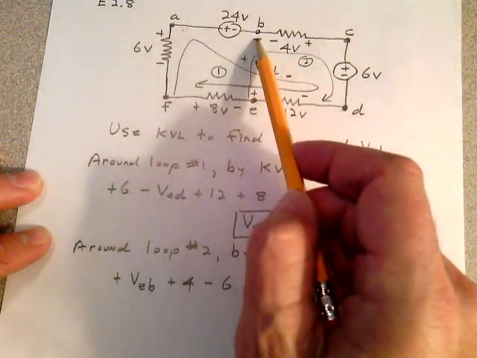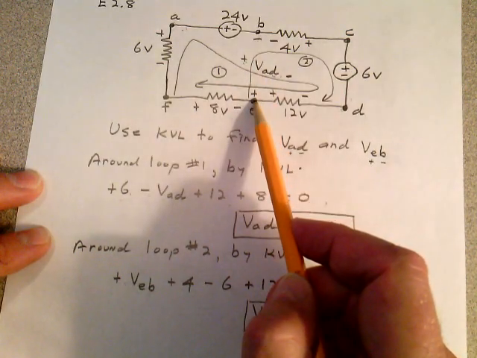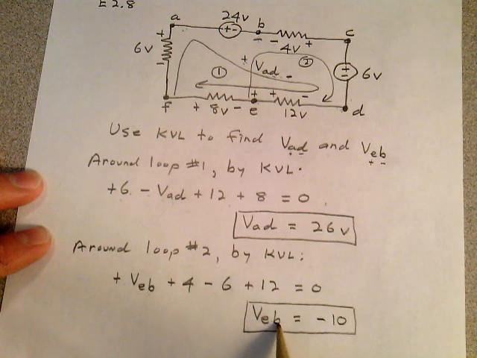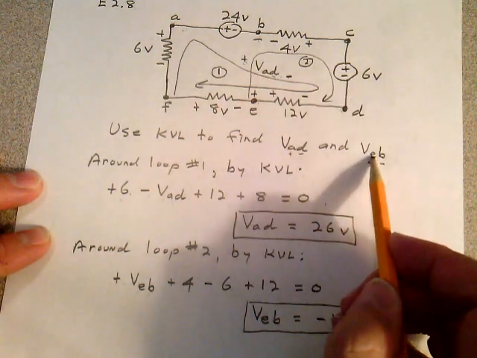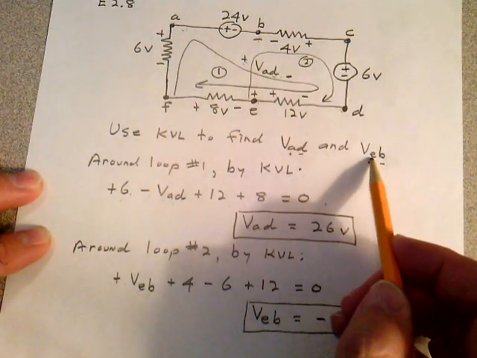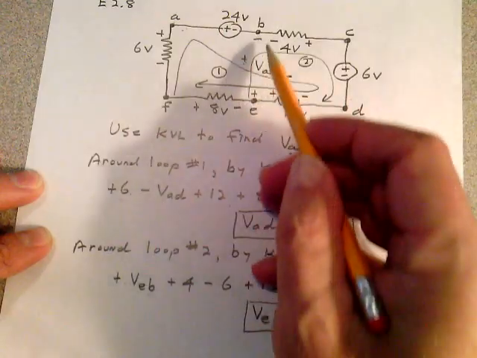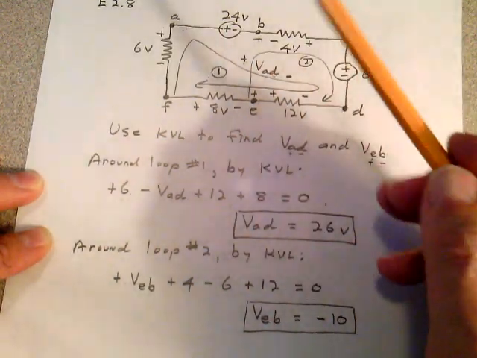Why is E positive? Well, because we're finding VEB, and E is the positive. It's the first letter represented. It's the most positive.